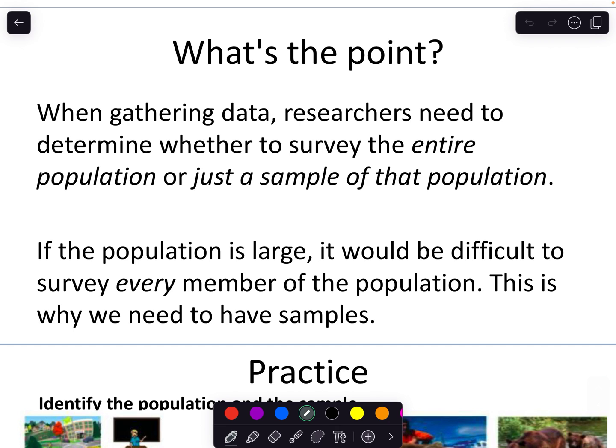Like if you're trying to figure out the most popular type of car in a parking lot, or what people's favorite subject is at school, that might be difficult. It might take a long time to talk to everybody in a school or look at every car in a parking lot. So instead, we have to have a sample that we can use to make a statement about the whole population. That's the point.